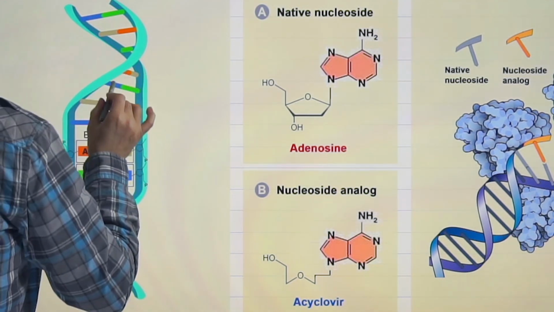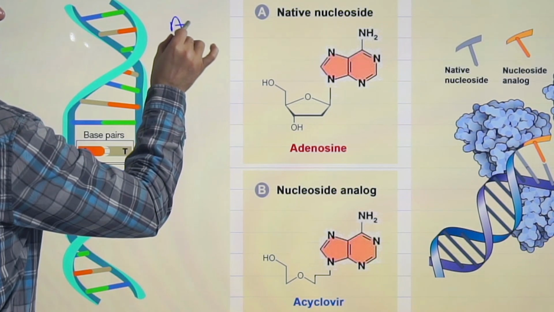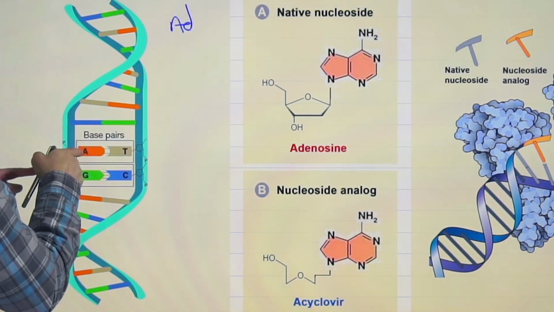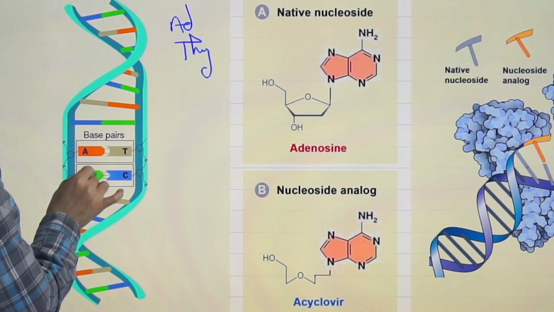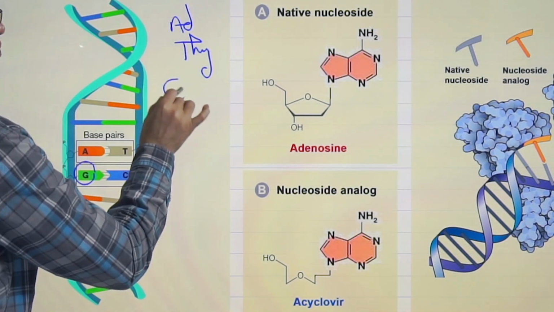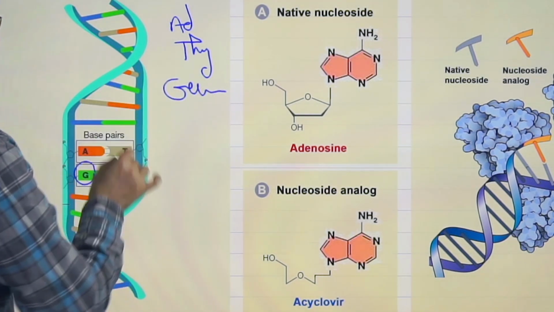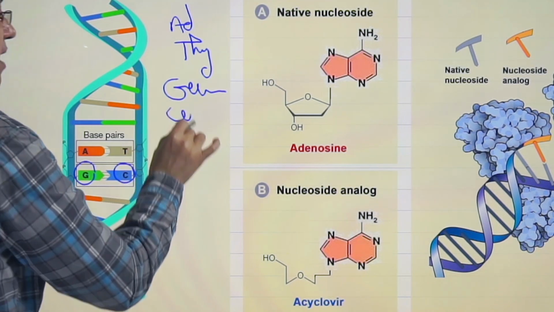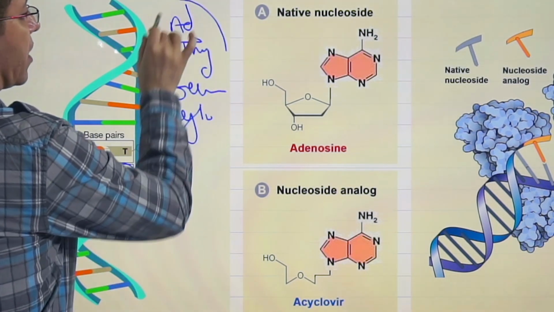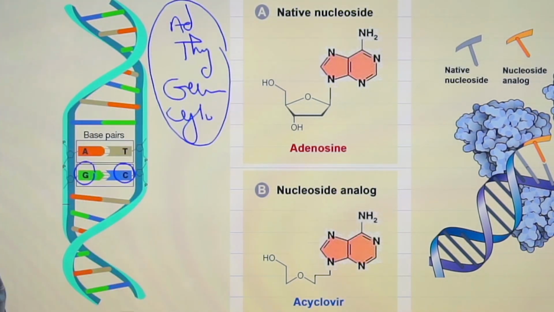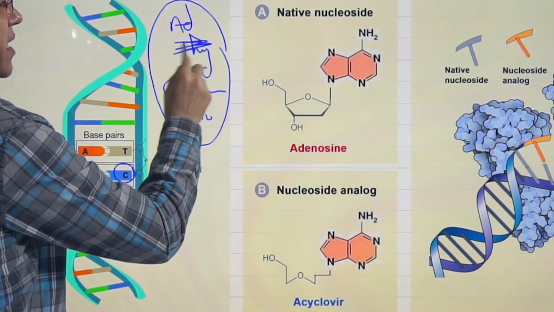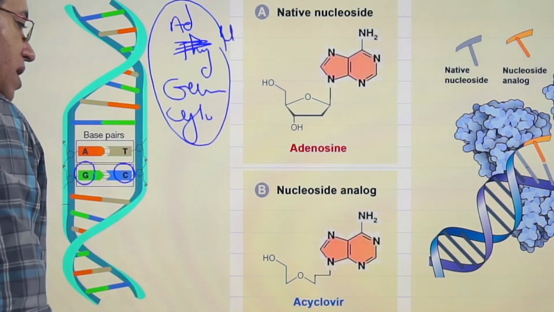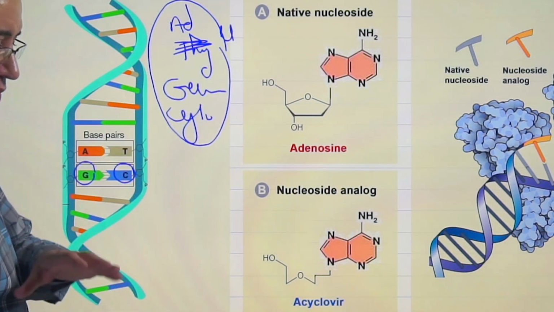The first of them is called adenine and is symbolized by letter A. This T refers to thymine. The G refers to guanine, which comes from guanosine. And C refers to cytosine. These are the 4 basic groups or the 4 amine bases that form the DNA. In the RNA, if we are to make one, we replace thymine with another one called uracil. Okay? This information is not new for you.